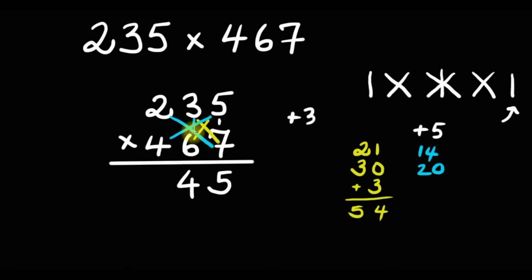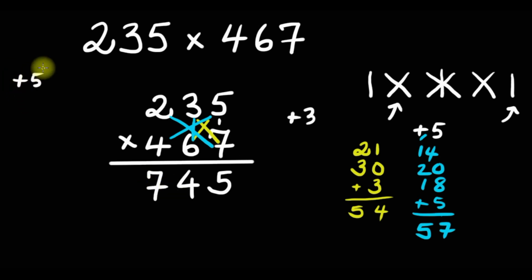And then 3 times 6 is 18. And then don't forget the 5 we had, and then add the 5. So here we have 9, here we have 7, carry a 1, 2, 4, 5. So we have 57. Okay, so 7 goes here, and then we carry a 5.